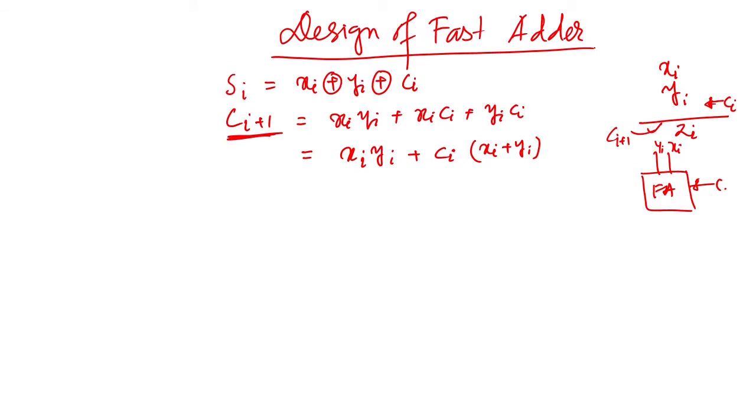Basically, Ci plus 1 will be 1 if Xi Yi is 1, that is definite. Therefore, it is generating the carry, that is, Xi Yi is generating the carry.